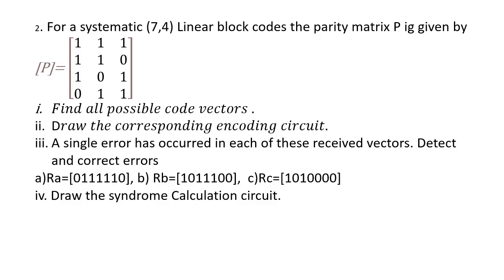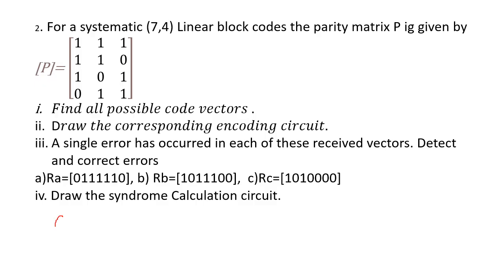Detect and correct the errors. So received vector RA is 0 1 1 1 1 1 0. Second received vector RB is 1 0 1 1 1 0 0. Third received vector RC is 1 0 1 0 0 0 0. And the fourth question is draw the syndrome calculation circuit.